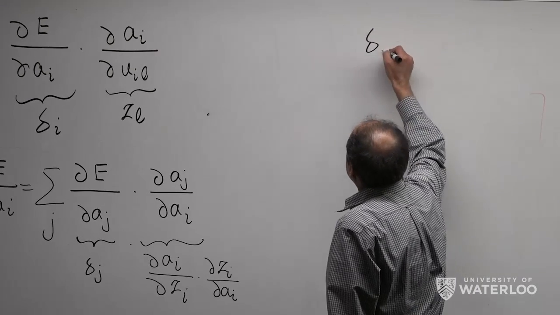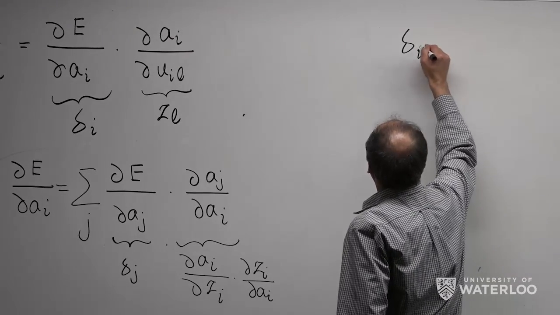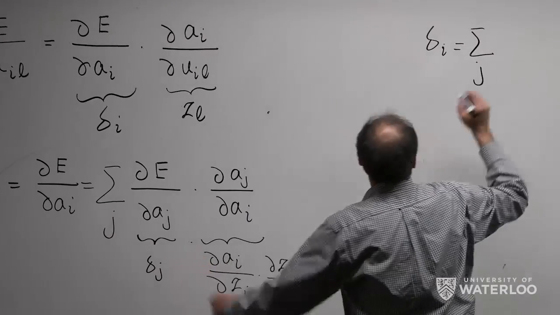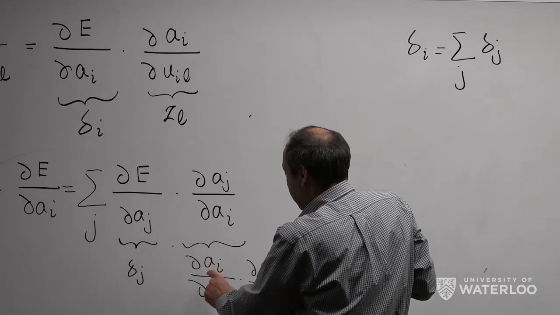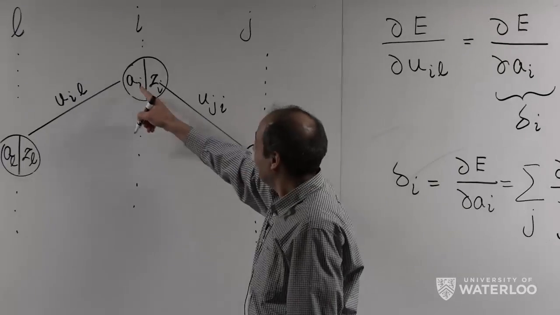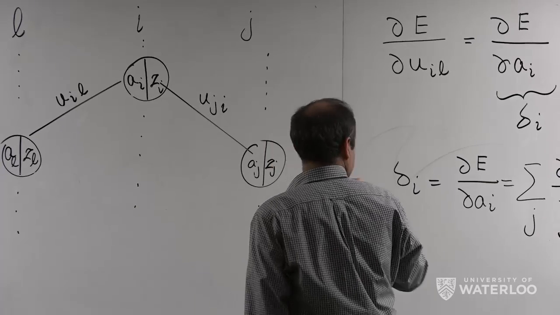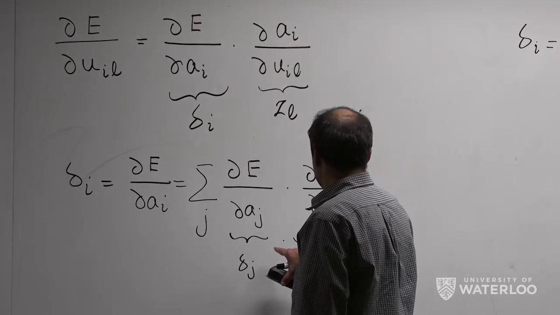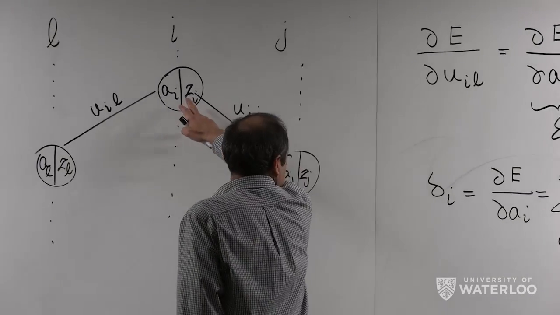So delta I is summation over J of delta J, which is unknown, derivative of AJ with respect to ZI, and then ZI with respect to AI.